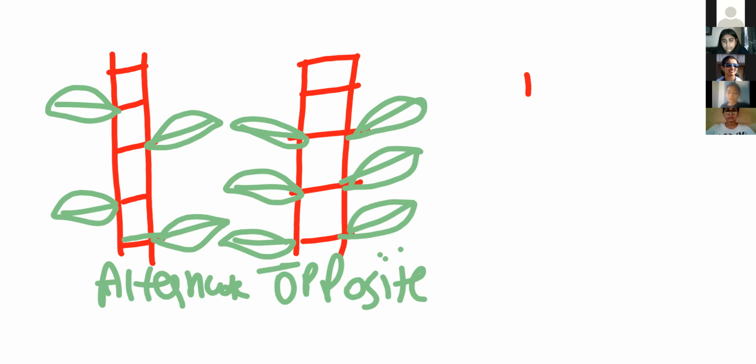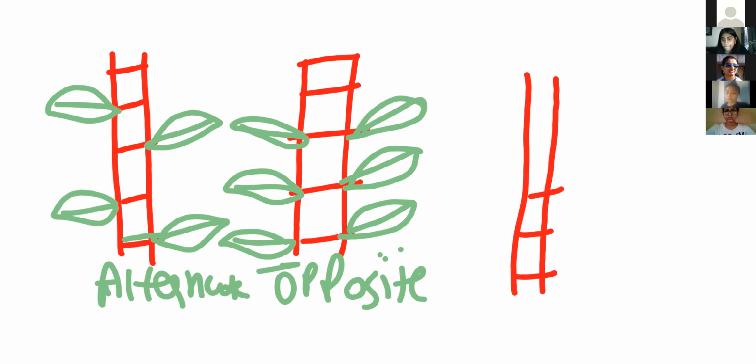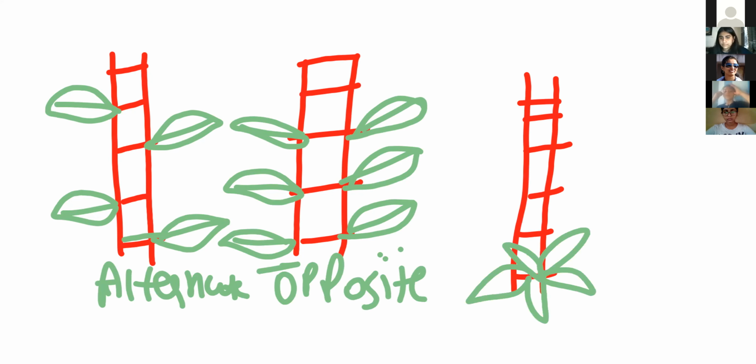And if on each node more than two leaves are there, meaning 3, 4, 5, 6, 7, whatever the number, when you observe this type of leaf arrangement, you can feel that the leaves make a whorl-like structure around the stem axis.